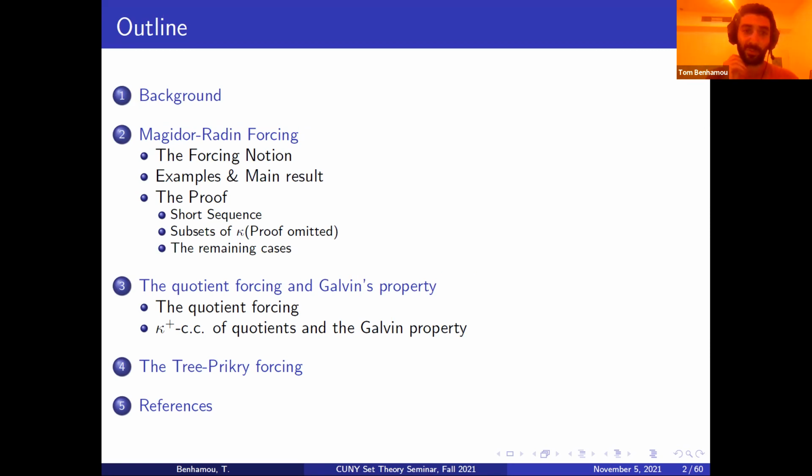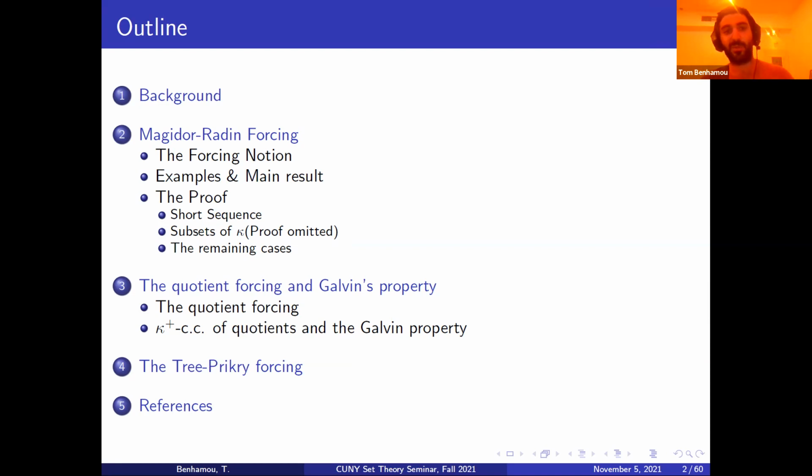Then we will sketch most parts of the proof. And then we will elaborate on the last part of the proof, which involves the Galvin property and how it relates to quotients of the Megiddo-Radin forcing and generally to Prikry-type forcing. And if we have time, then probably next time we'll speak about the Prikry forcing.